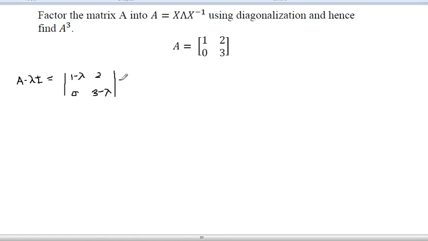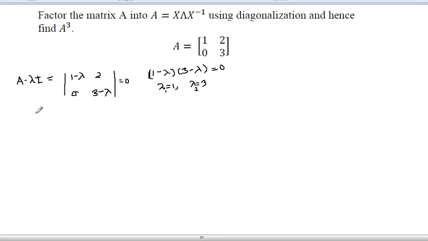We need to solve determinant of A minus λI equal to 0. So let's find the equation corresponding to this one and get the eigenvalues. When we solve it for the eigenvalues, we get λ1 is equal to 1 and λ2 is equal to 3. Then we need to find the eigenvectors corresponding to λ1 and λ2.